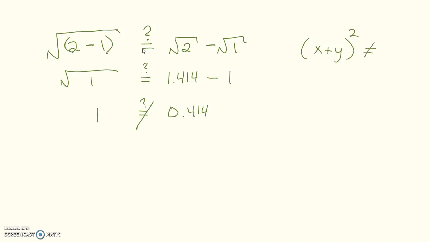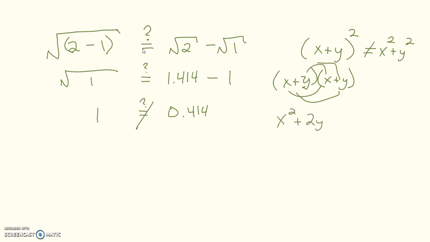We cannot call that x squared plus y squared, because it's not. It's x plus y times x plus y, which gives us, if we FOIL it out, x squared plus 2xy plus y squared, which is not the same thing as just x squared plus y squared.